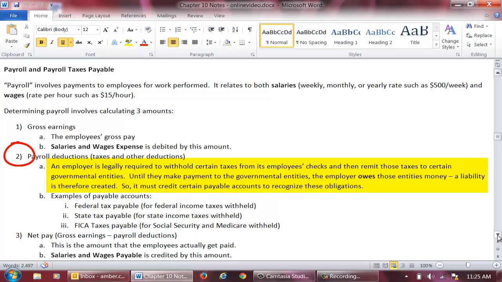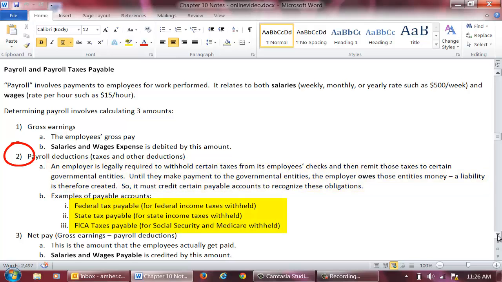The journal entry to record these payroll deductions will involve credits to certain payable accounts to record the employer's obligation to these governmental agencies. The payable accounts include federal tax payable for the federal income taxes withheld, state tax payable for the state income taxes withheld, and FICA taxes payable for the Social Security and Medicare withheld.